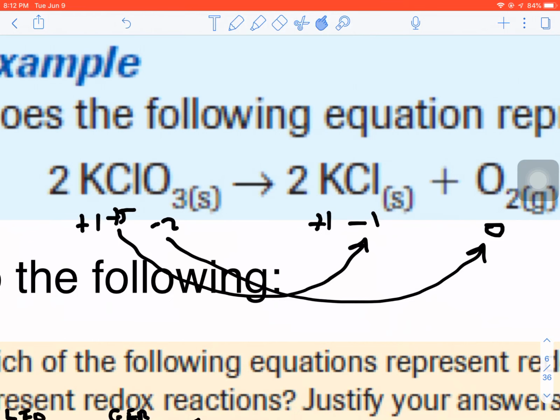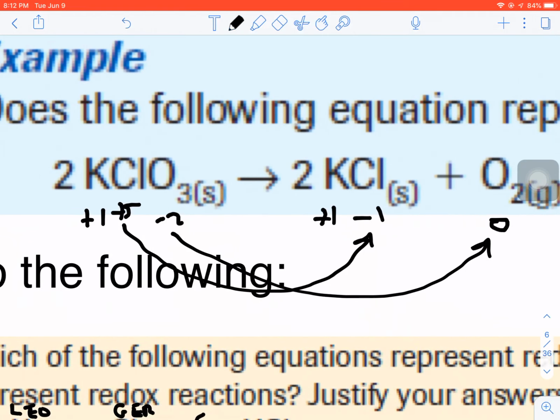So the chlorine is the Ger, and the oxygen is actually the Leo. I'm going from -2 to 0. How do I go from -2 to 0? I have to lose some negatives. I have to lose some electrons. So the oxygen here is the Leo.